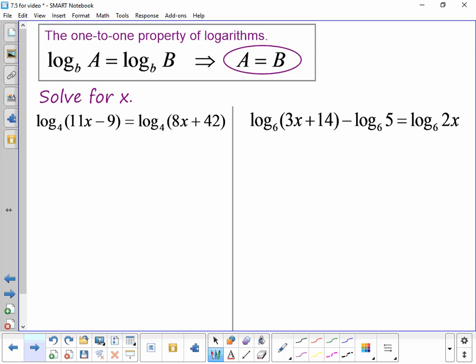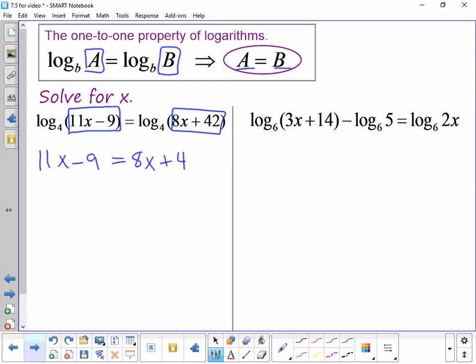So it's saying if the log of A is equal to the log of B, it just means A has to equal B. So in this first example, we have the log of 11x minus 9 is equal to the log of 8x plus 42. And they're both base 4, so they're the same base.